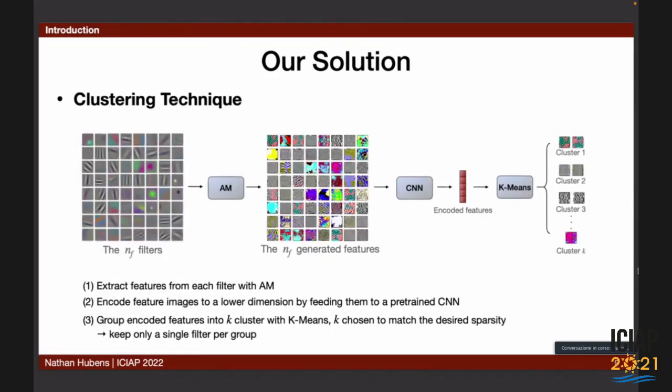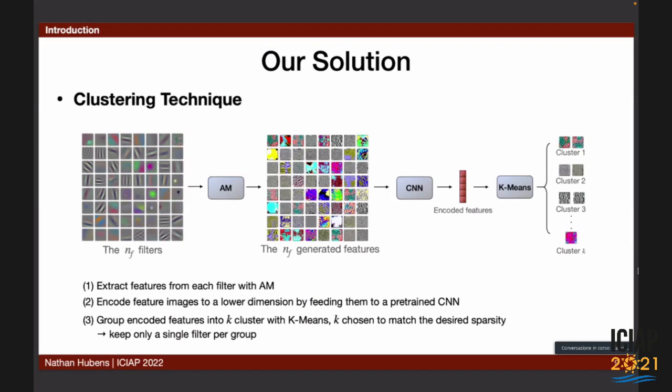So basically what we can do is to apply activation maximization on all the filters of our network, producing the corresponding features, encode those features into a CNN, and then apply k-means clustering on those generated features. The goal here is to cluster filters by similar functionalities.